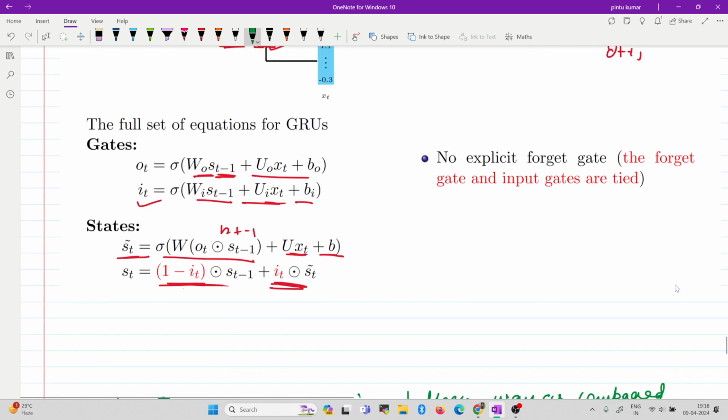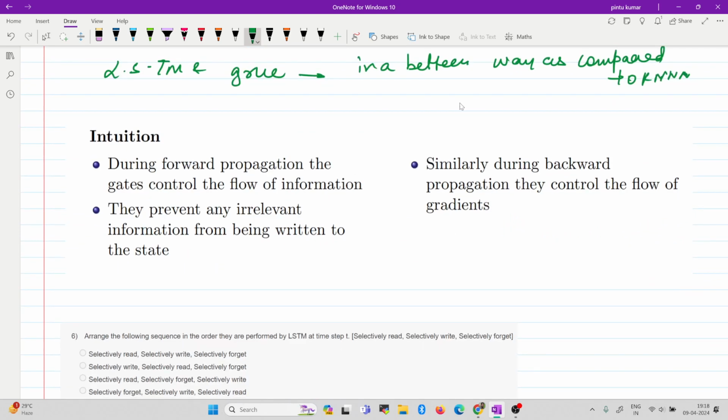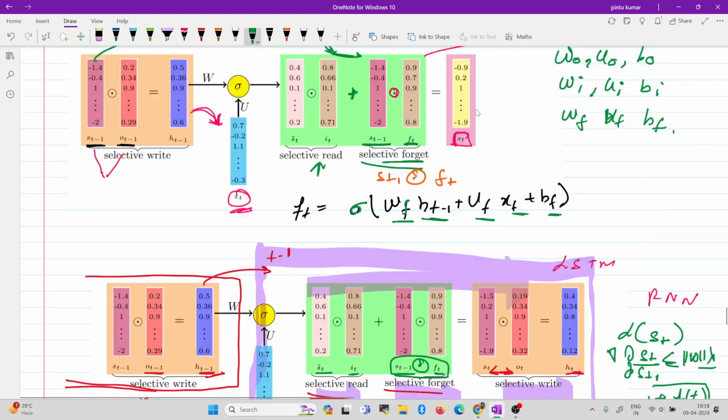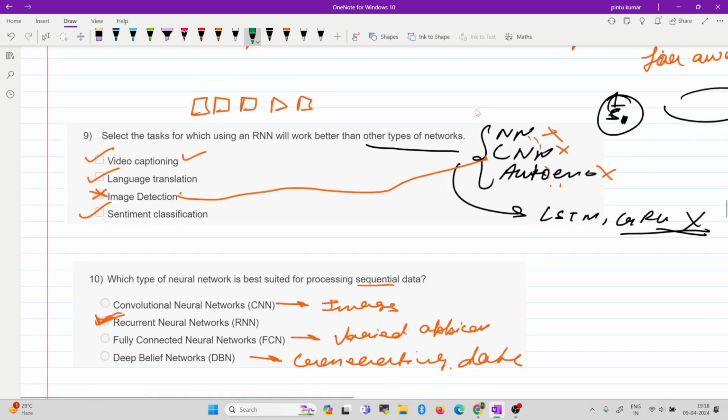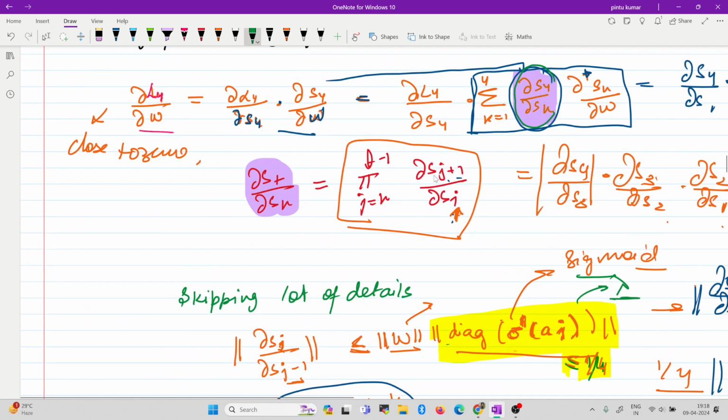Okay, so this is the intuition why LSTM and GRUs perform slightly better in terms of this vanishing and exploding gradient problem. So when you have backward propagation, there were different terms that you were multiplying. If I can show you, these were the terms that you were multiplying and these were the terms that you bounded, right?